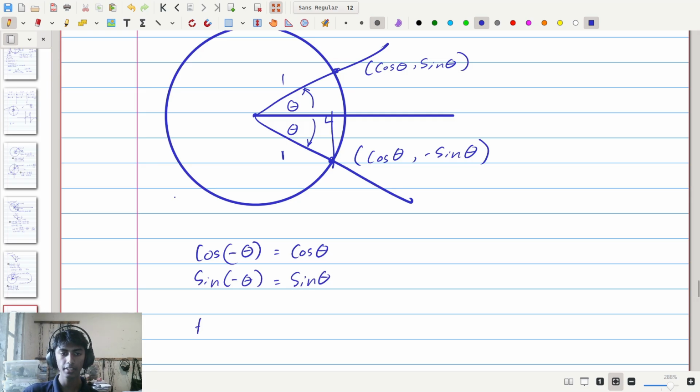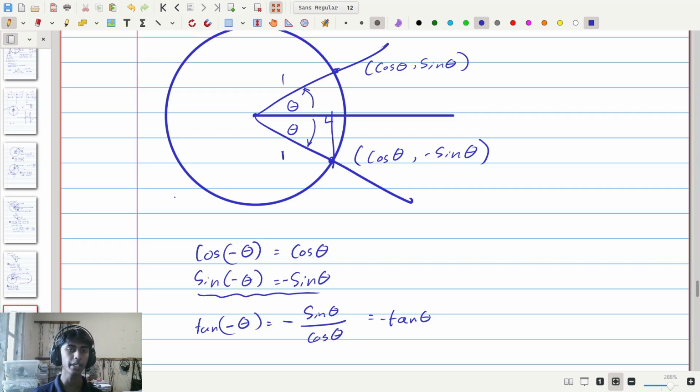This means that tan of negative theta would be sine of negative theta divided by cosine of negative theta, which would then be negative sine theta divided by cosine theta, which would then be negative tan theta. I apologize for a few seconds, I had not written the negative sign earlier. My apologies for that. Sine of negative theta is negative sine theta. And that also gives us that tan of negative theta is negative tan theta.